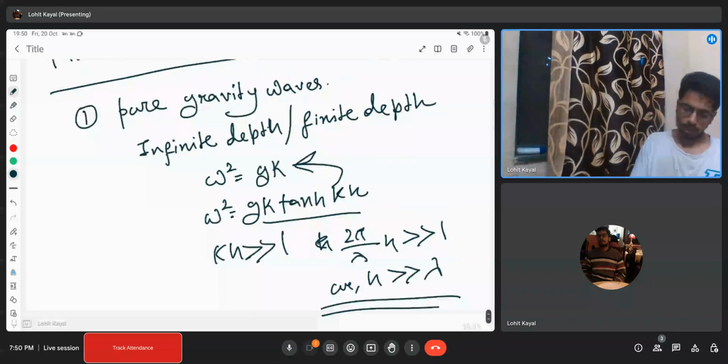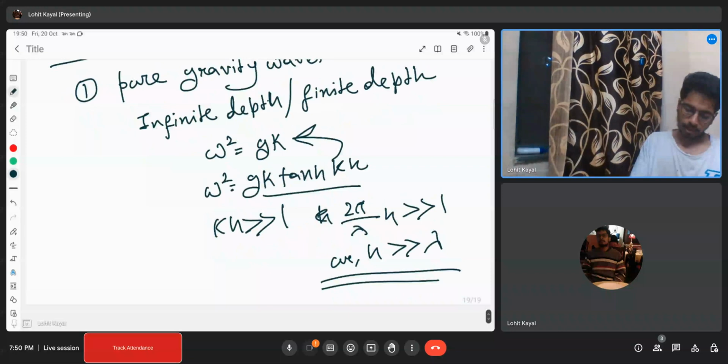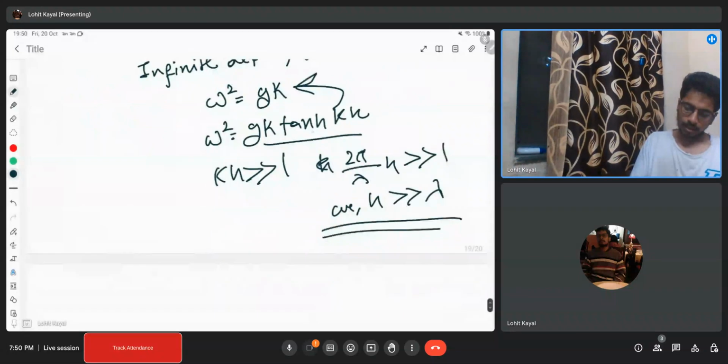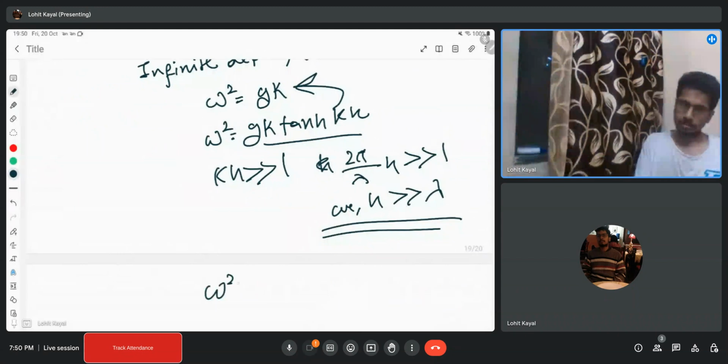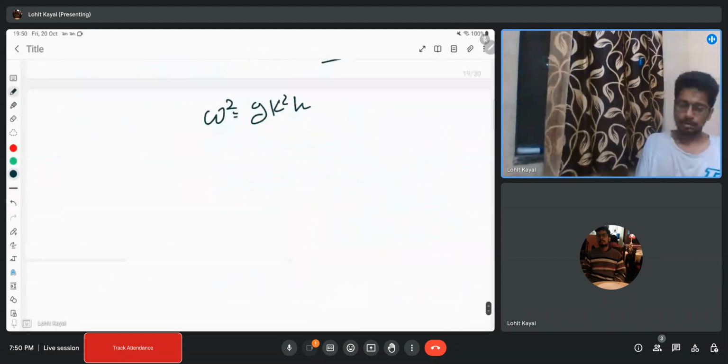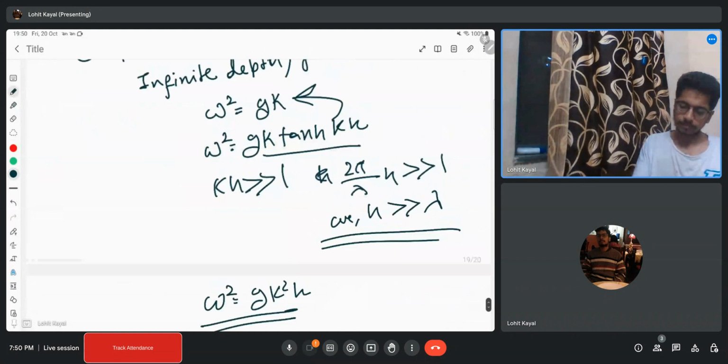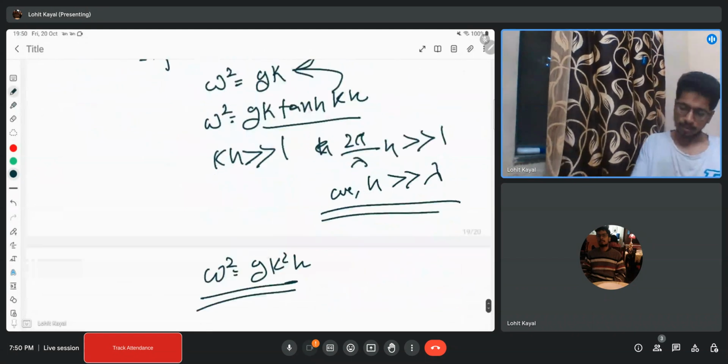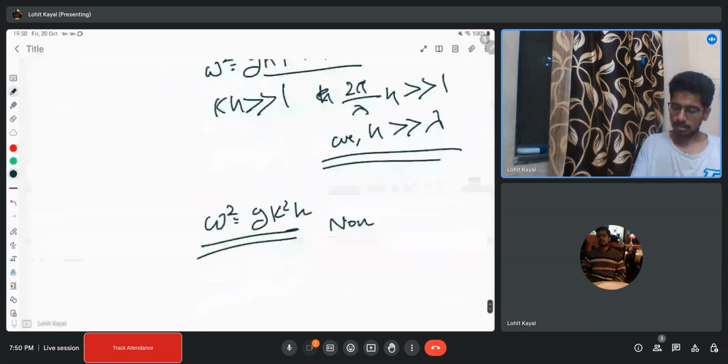Now for shallow water, tanh kh converts to simply kh, and it will be omega squared equal to gk squared h, and this is a non-dispersive wave.